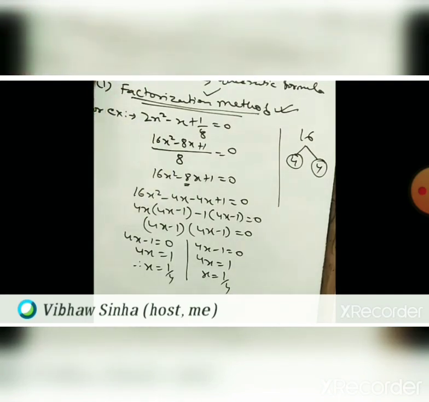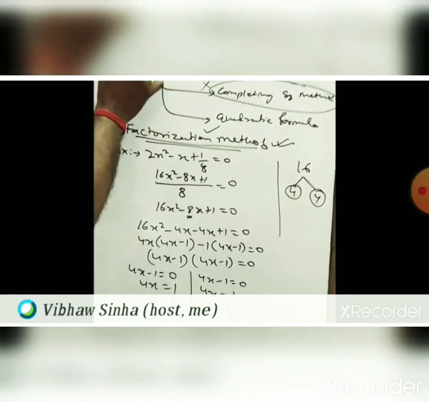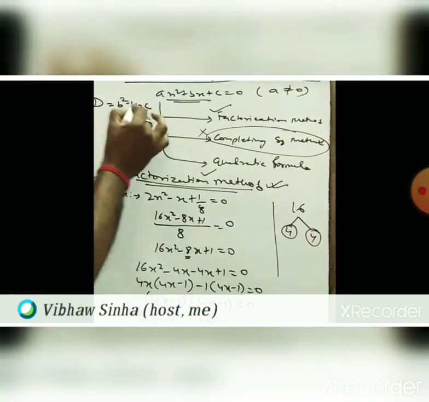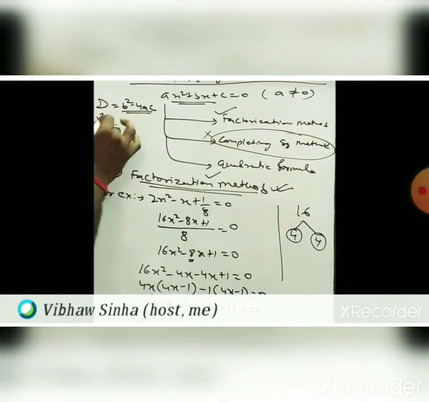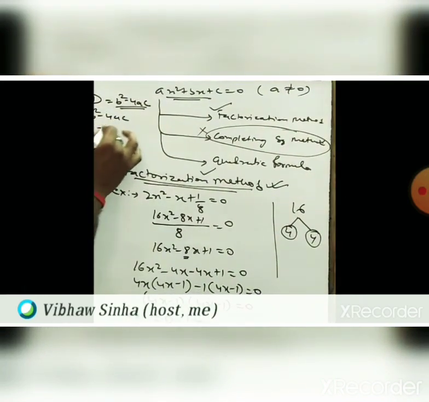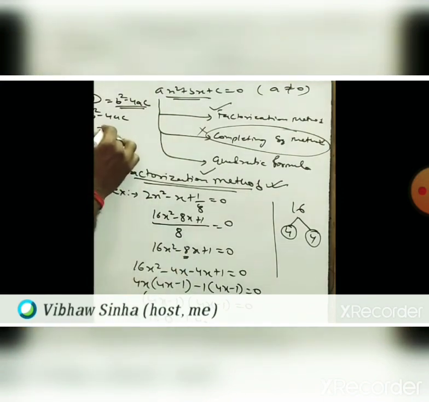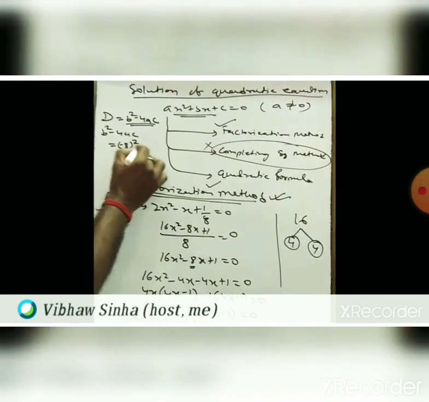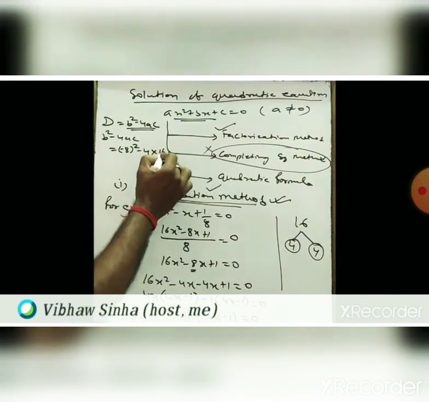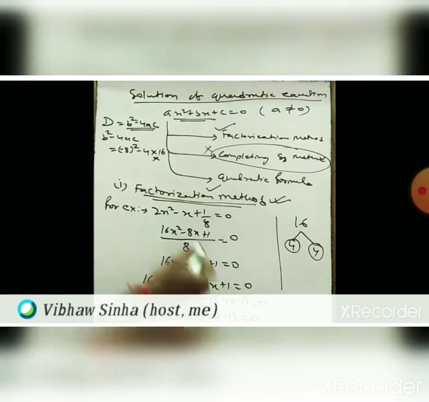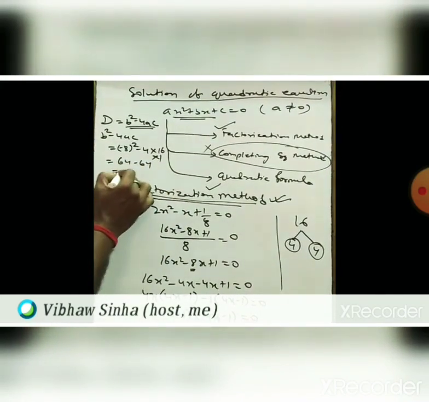Before that, you will find d, which is equal to b square minus 4ac. You must know the nature of the roots. b square minus 4ac: b is minus 8, so minus 8 square, minus 4 into what is a? 16, into what is c? 1. It is equal to 64 minus 64 equal to 0.